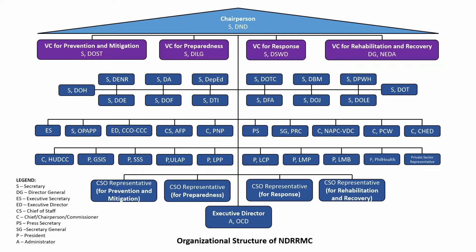So aside from the duties he or she performs in the department itself, he or she also has the duty of leading the National Disaster Risk Reduction and Management Council. Now, the vice chairperson for prevention and mitigation is the secretary of the Department of Science and Technology.